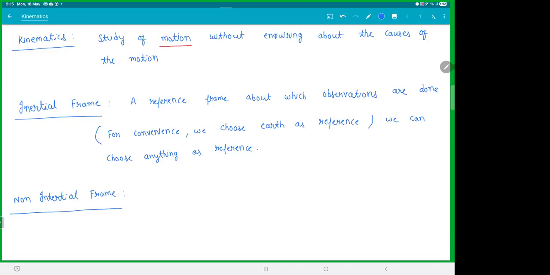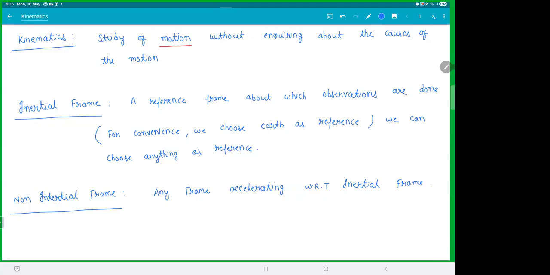So what is a non-inertial frame? Any frame accelerating with respect to the inertial frame. So you choose a frame and you do observations from there. Now, with respect to that frame, you see something accelerating.